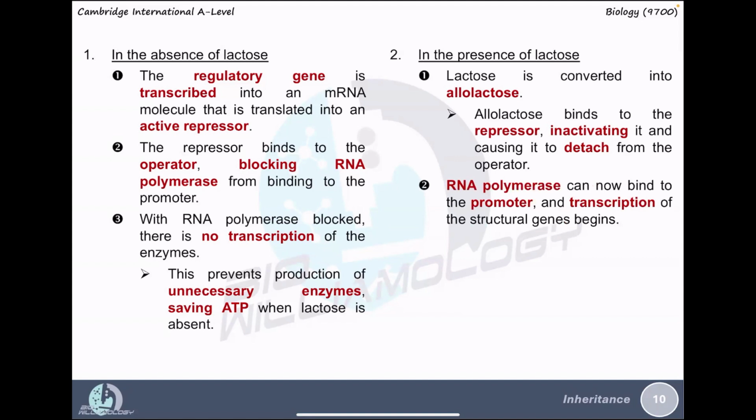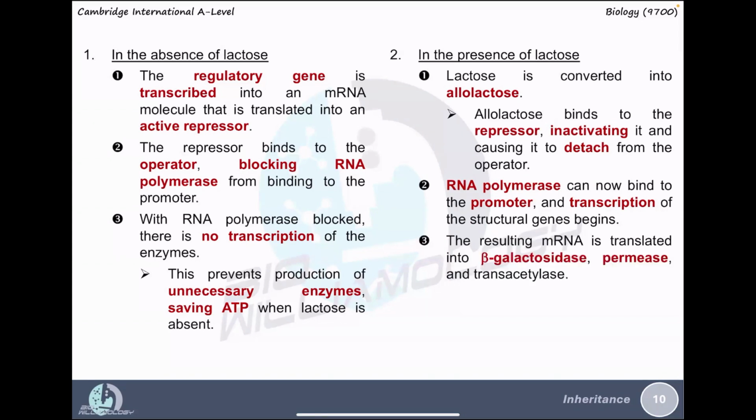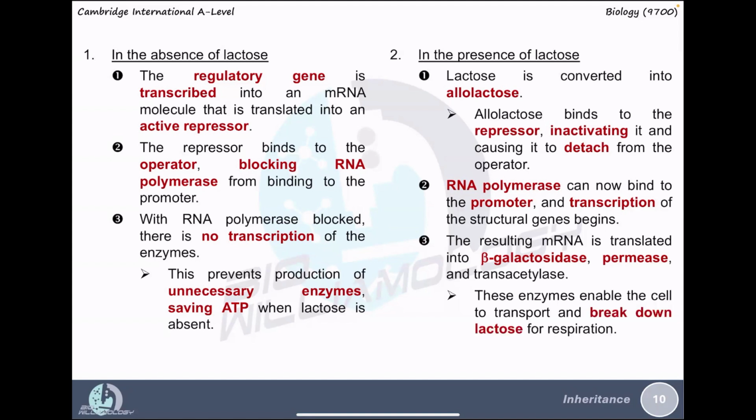So RNA polymerase can now bind to the promoter, and the transcription of the structural genes like Z, like Y, and like A begins. The resulting mRNA is translated into beta-galactosidase, permease, and transacetylase. And these three enzymes enable the cells to transport and break down lactose for respiration.